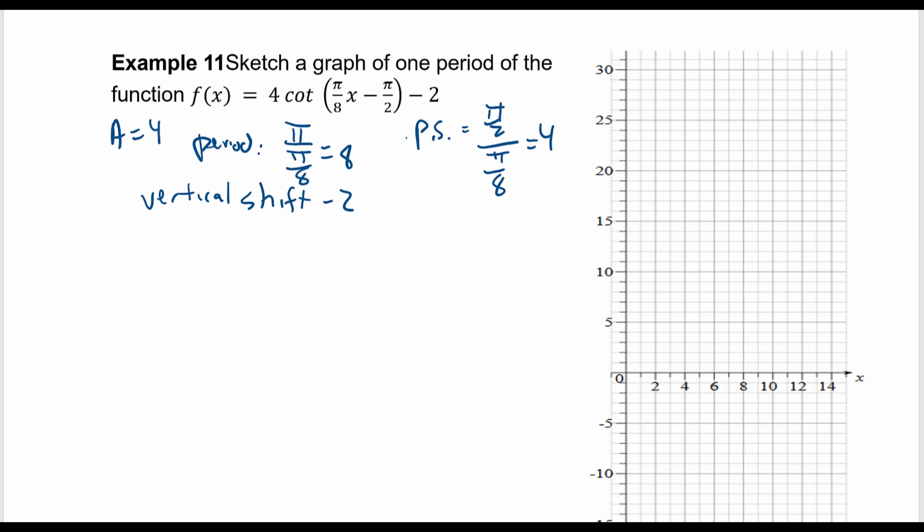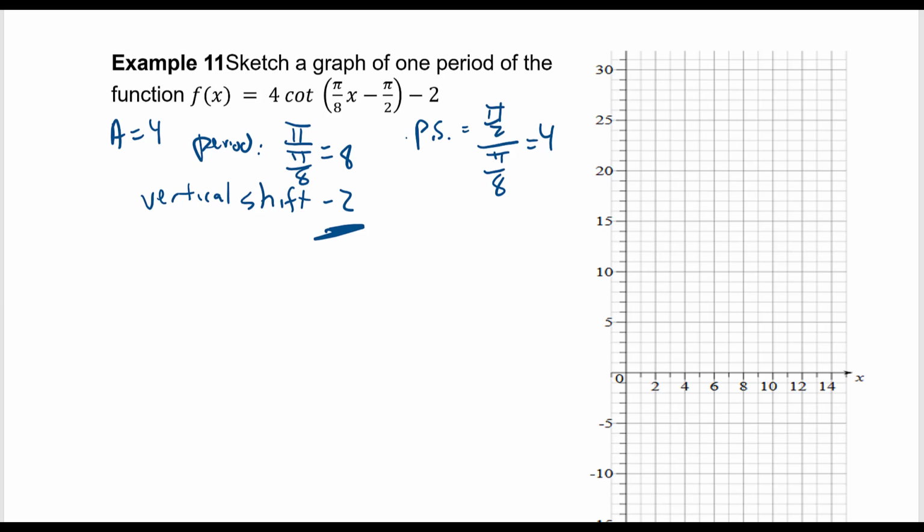So for those points in between, the halfway ones, whether it goes to 1 or -1, I'd go to 4 or -4, but I'll then have to shift everything down by 2. Okay, so 0 to 8 would be our period.